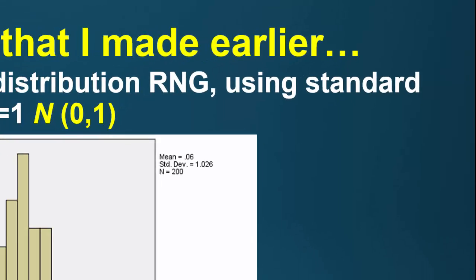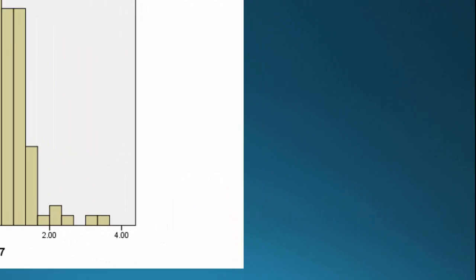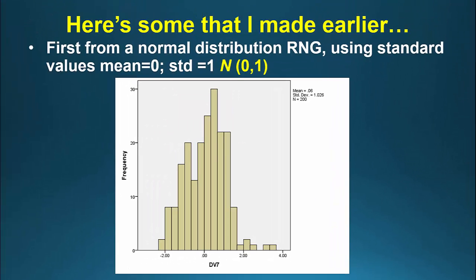It's not perfectly normal, but it's roughly normally shaped, and there are a few quite high-scoring positive values. For this particular one, I made a number. This one's called dv7. It's always good to sense check your data at this stage by looking at the variables, and we'll consider this in more detail in a minute.